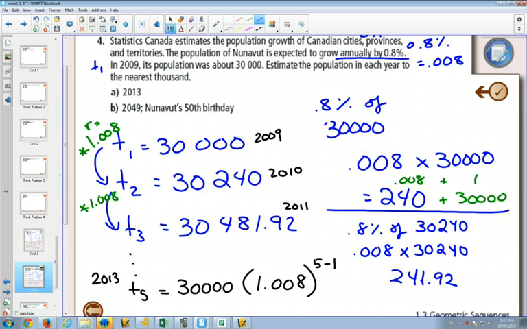But it's 4 later, so 1 plus 4 makes term 5, because 2009 is included. So if we want to figure out 2049, that's 40 years later, what term will that be? Term 41.